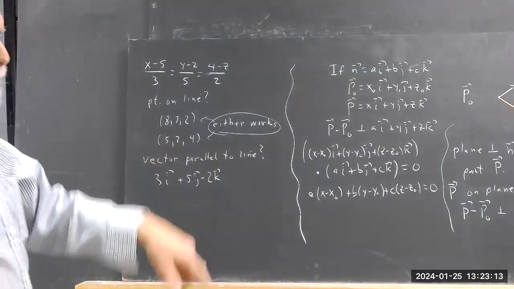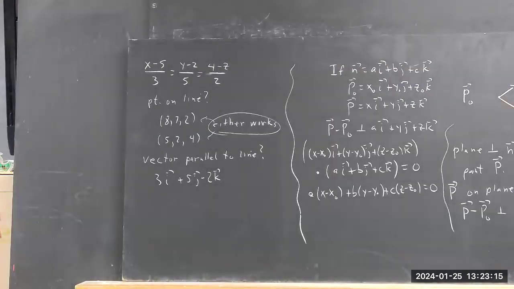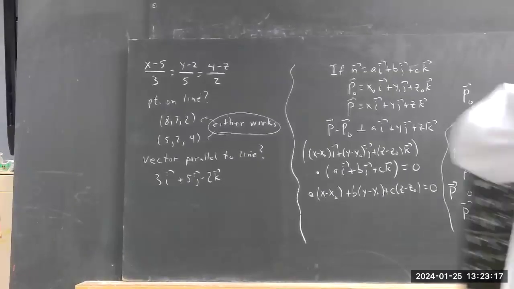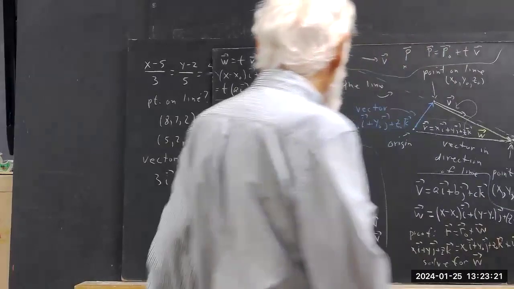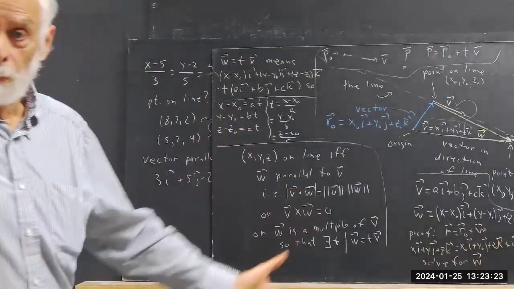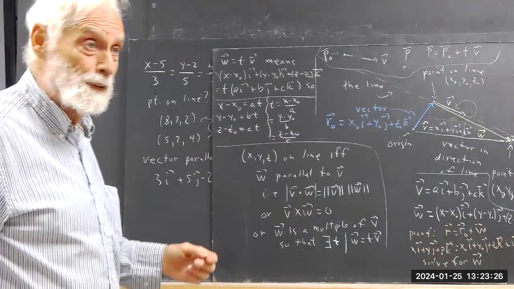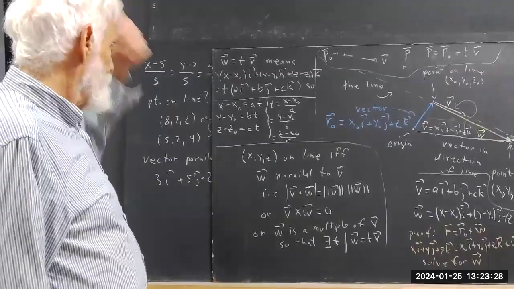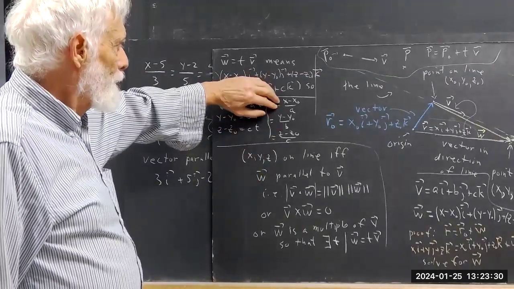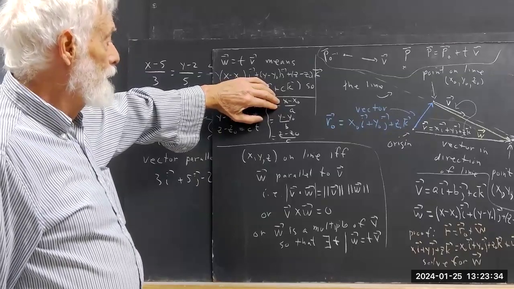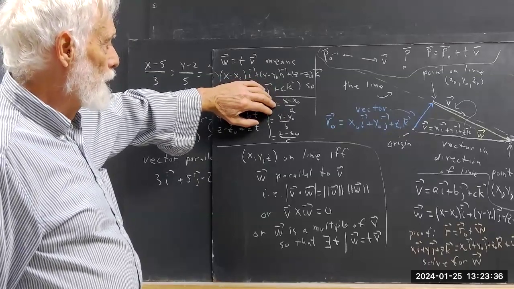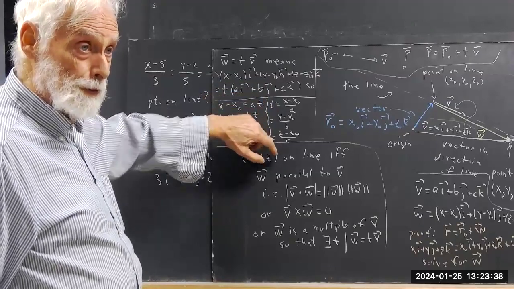If you remember what we did earlier, I'll just bring it up here. There's no reason we'd expect everybody to remember all of this until they work the problems. That's why you work problems at home. The symmetric equation is (x minus x naught) over a equals (y minus y naught) over b equals (z minus z naught) over c.